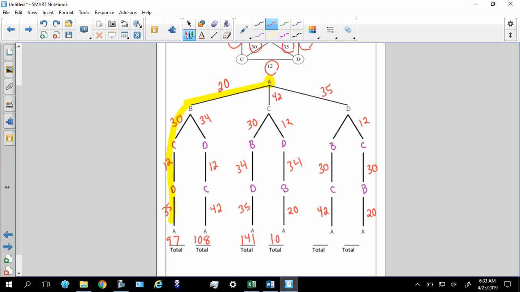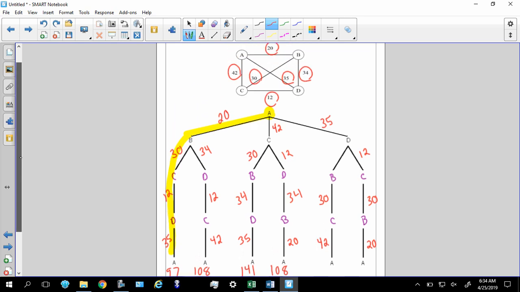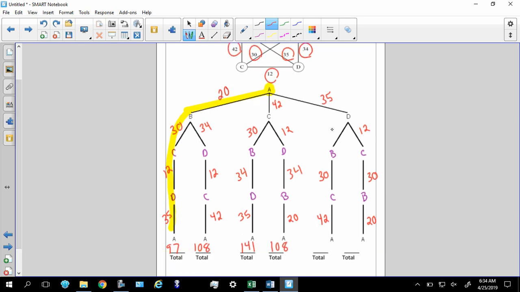That's good. All right, our next one. Oh, forgot this DB here. Let's see, DB was 34. I bet y'all are yelling at the screen. All right, so 35 plus 34 plus 30 plus 42. Okay, I'm using this yellow calculator. And I didn't do it right.